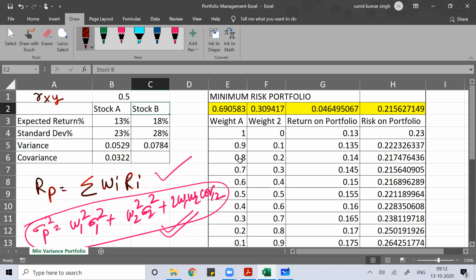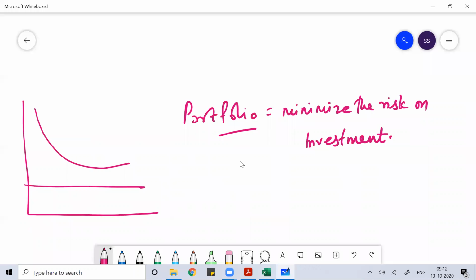Some investors don't want to take more risk. In portfolio management, when we study, we believe that investors are risk averse. Risk averse means they want to minimize their risk and maximize the return.